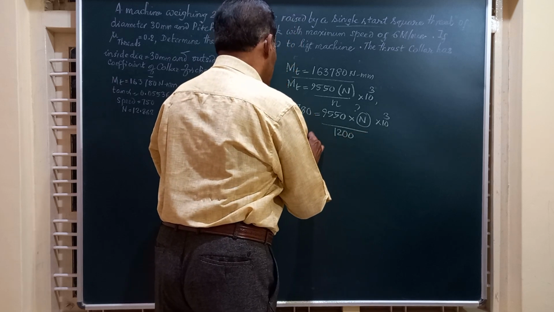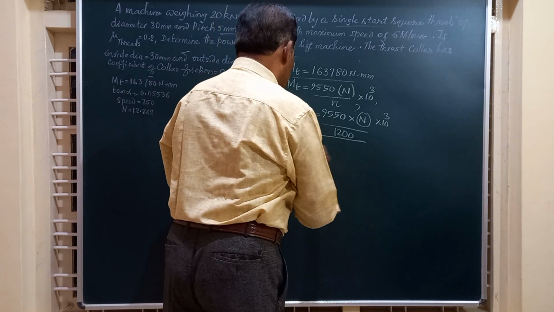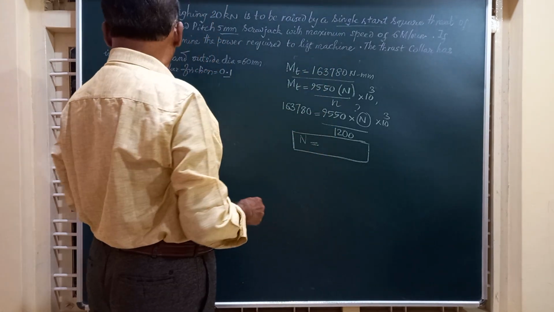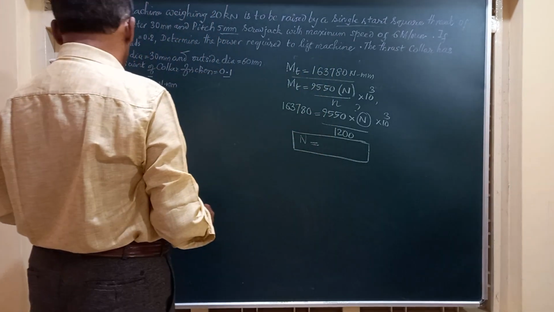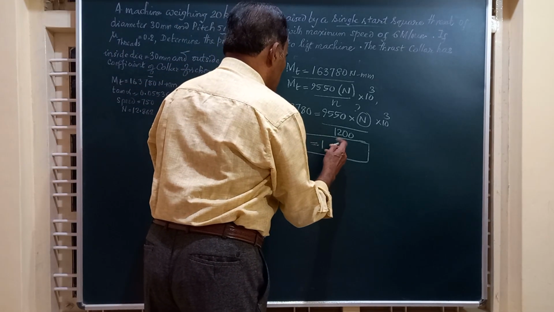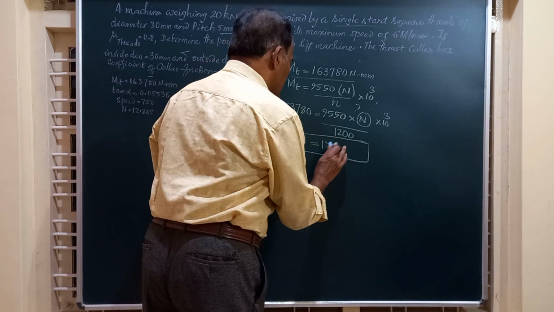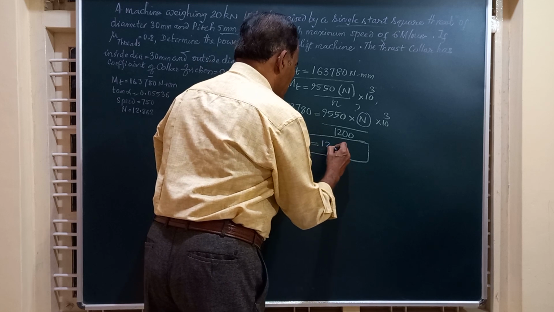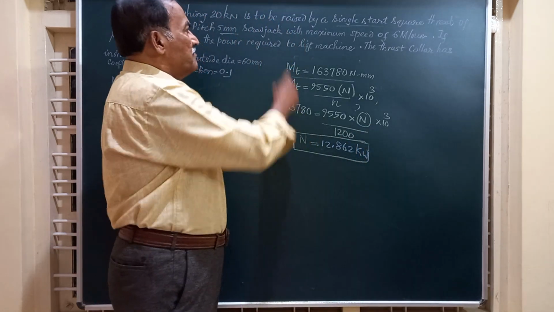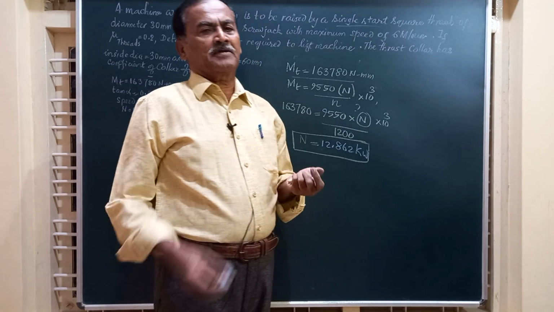Friends, if we simplify, we will get the value of N, that is the power required to lift this load, as 12.862 kilowatts, at a speed of 6 meters per minute.